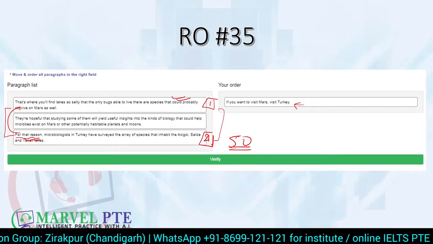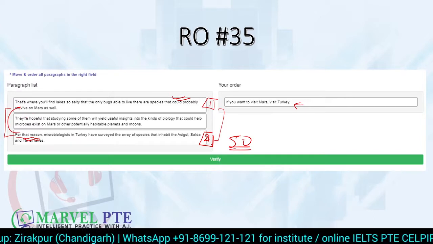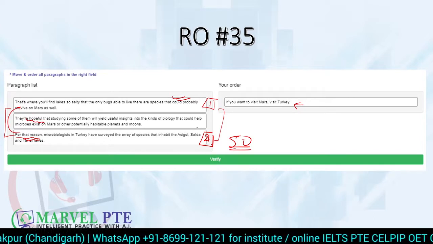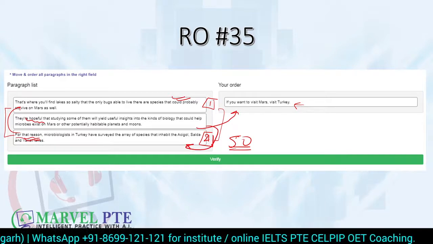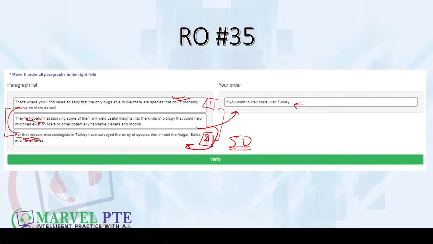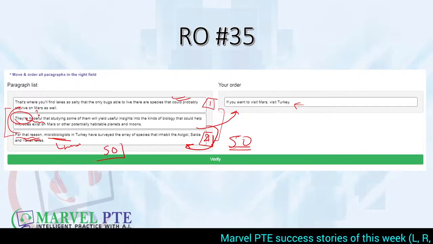अब only thing you need to find is they are hopeful. क्या they are hopeful वाली line यहाँ पे आएगी या इस पेयर के बाद आएगी? So what we are going to do is, अब they are hopeful, कौन hopeful हैं? यहाँ पे आप बात कर रहे हो microbiologists की. These are humans, okay? Scientists basically. तो scientists को depending upon our SO strategy, subject object strategy.